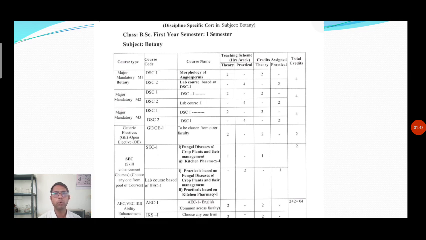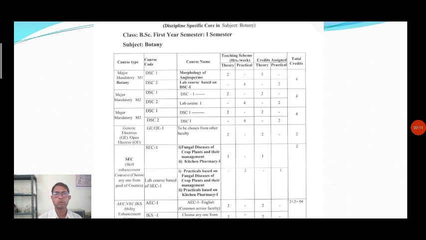Now this morphology of angiosperm, the DSC 1 paper, has one practical, that is a lab course, with 4 lectures per week and 2 credits. So in all, 4 credits are given to this morphology of angiosperm paper, theory and practical.